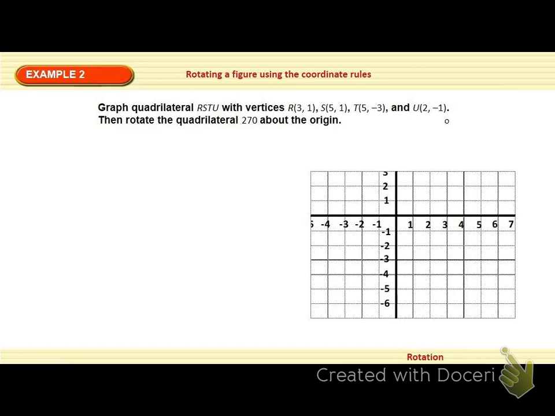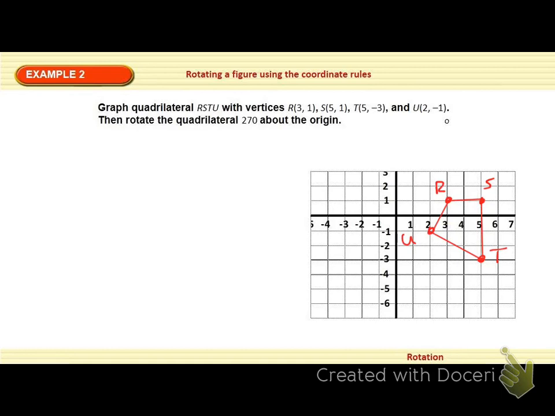So with that, we can just perform some rotations. The first one we have is this quadrilateral RSTU with those vertices, and we want to rotate it 270 degrees about the origin. So we plot our image first: (3, 1) for R, (5, 1) for S, (5, -3) for T, and (2, -1) for U. And when we draw this in, it looks a little bit like a kite.